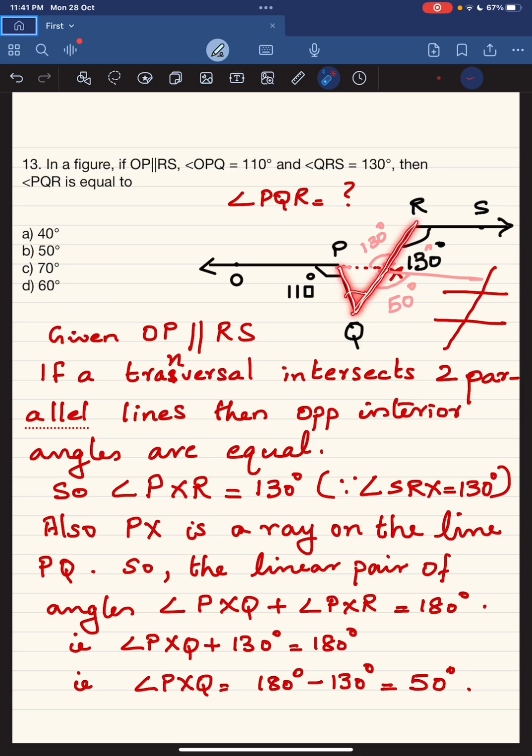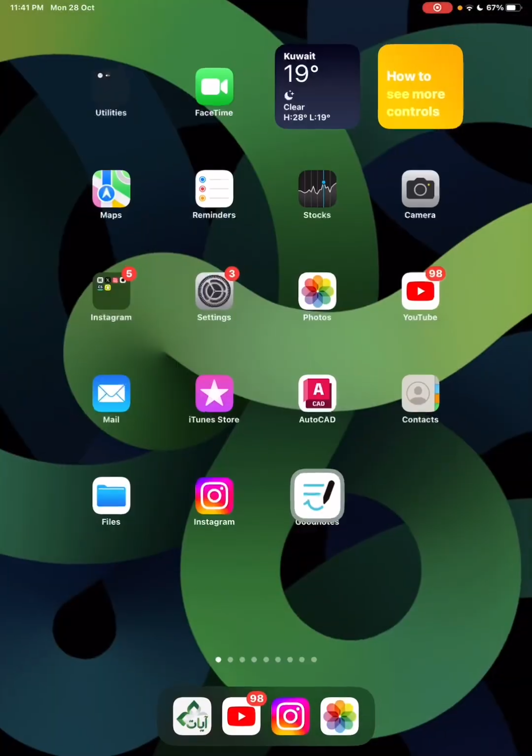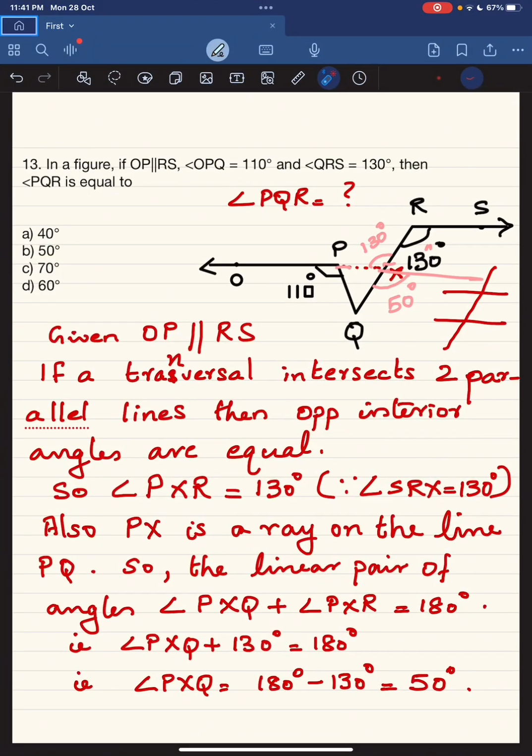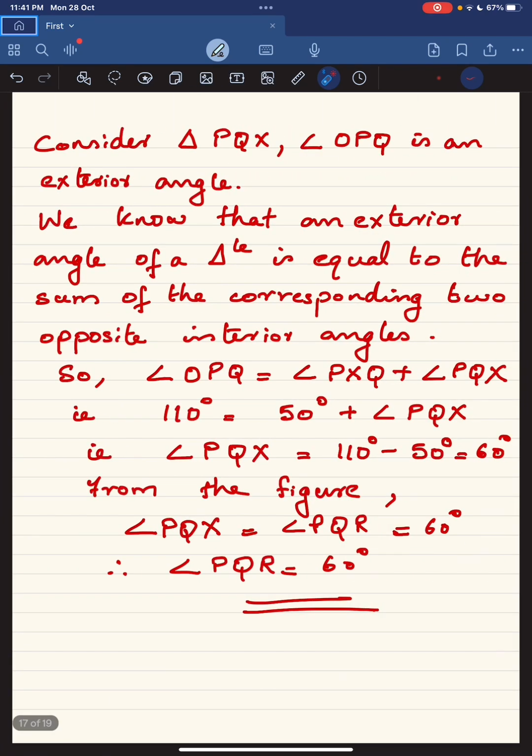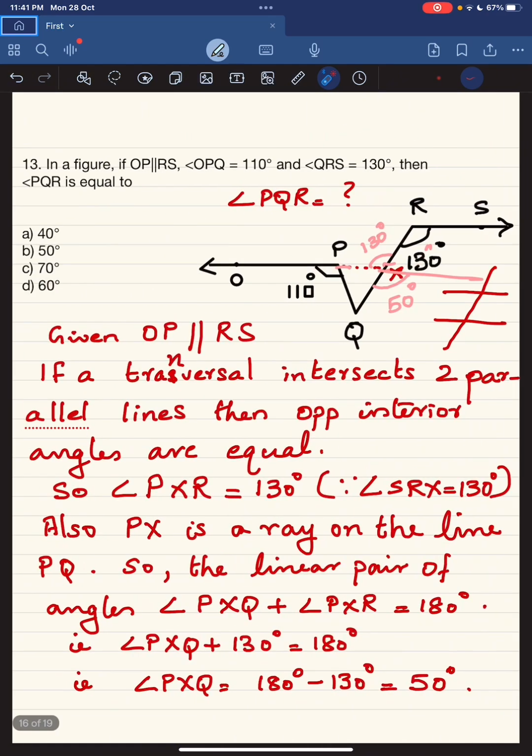These both angles are equal. In the question they ask me to find angle PQR. So angle PQX is equal to angle PQR is equal to 60 degrees. Therefore angle PQR is equal to 60 degrees, which is the correct answer.